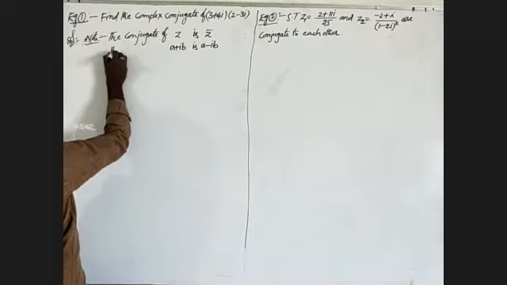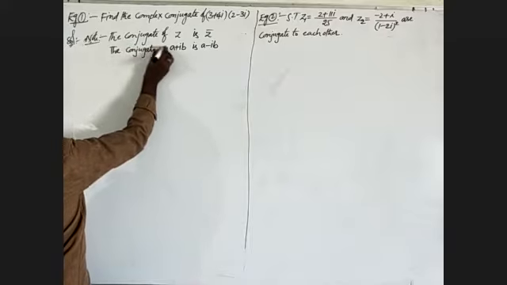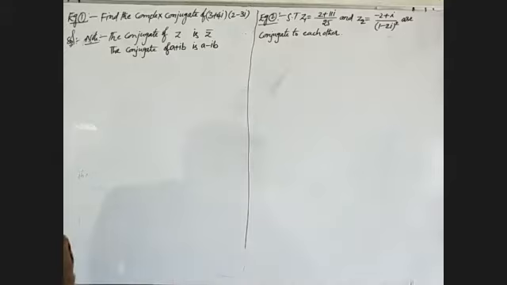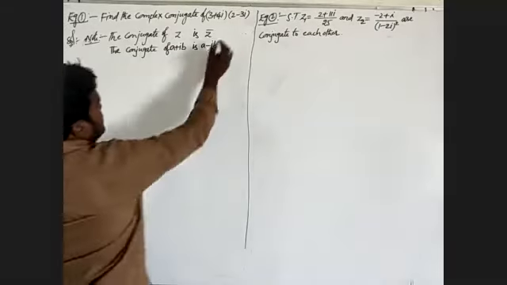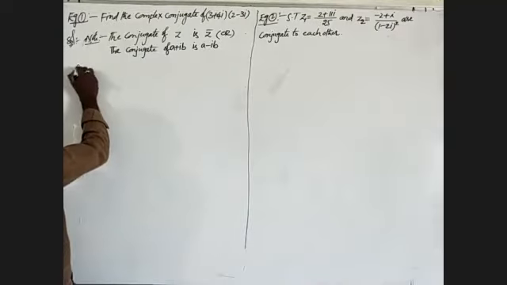I will write the same statement: the conjugate of a + ib is a - ib. Both are the same. Now I am going to the solution.